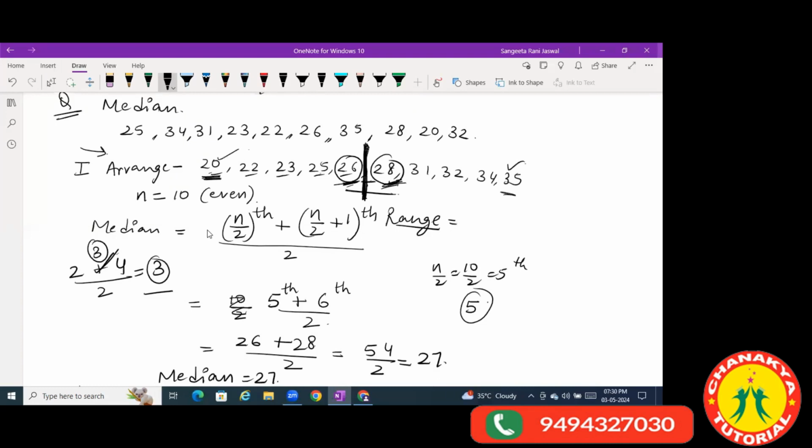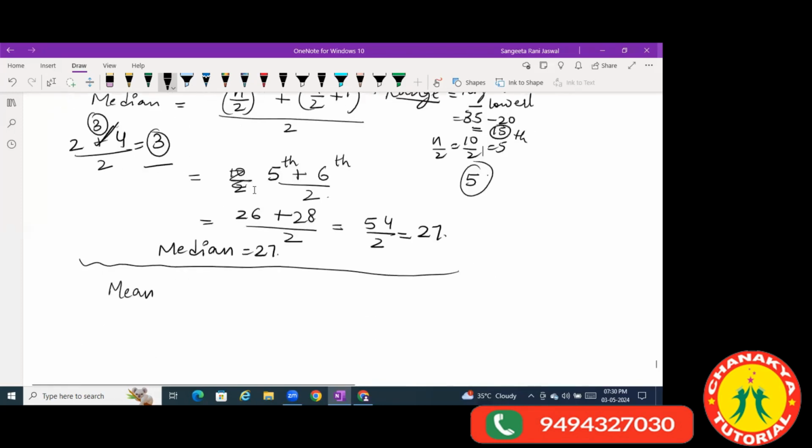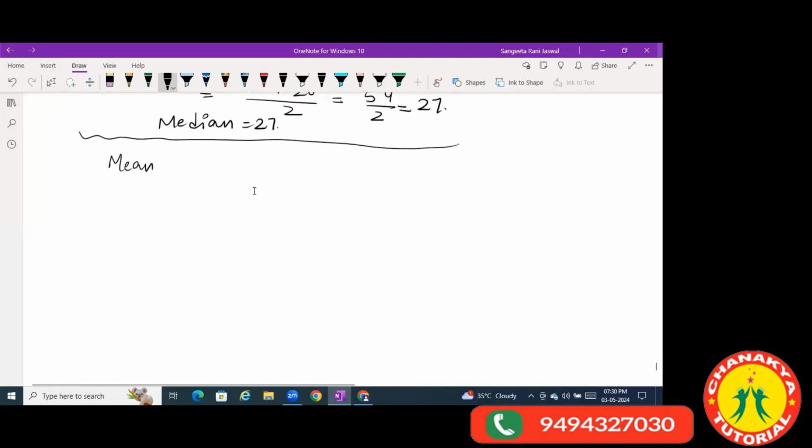So the highest value is 35, the lowest value is 24. Ma'am, the range is 15. So that's 15. The difference between the highest and the lowest value gives you the range of the data.